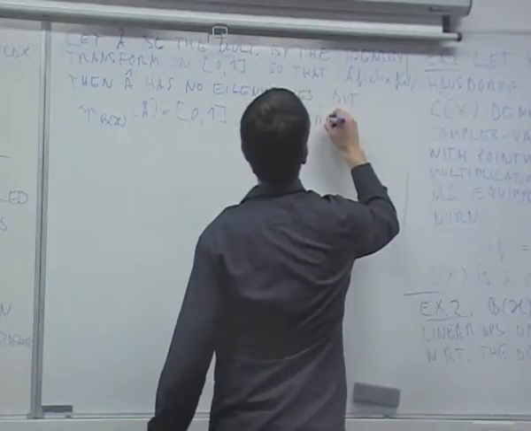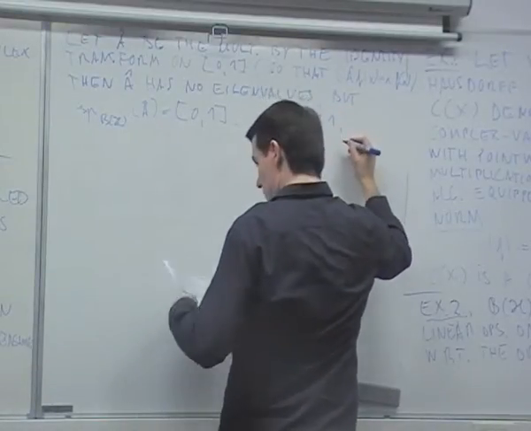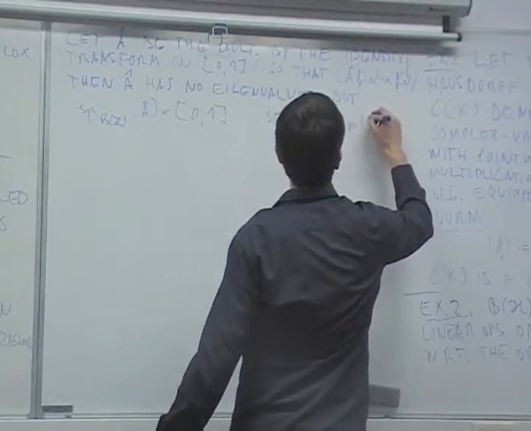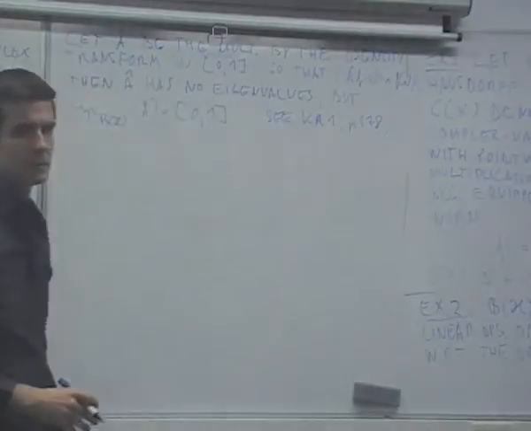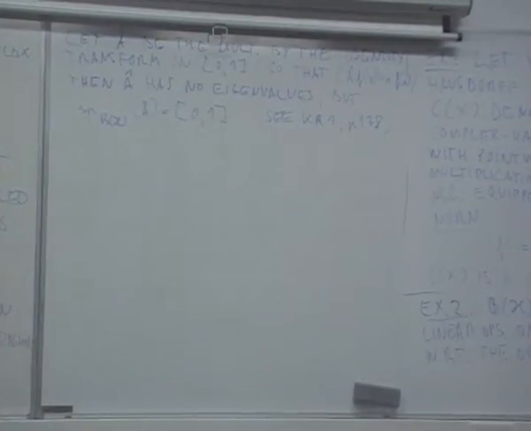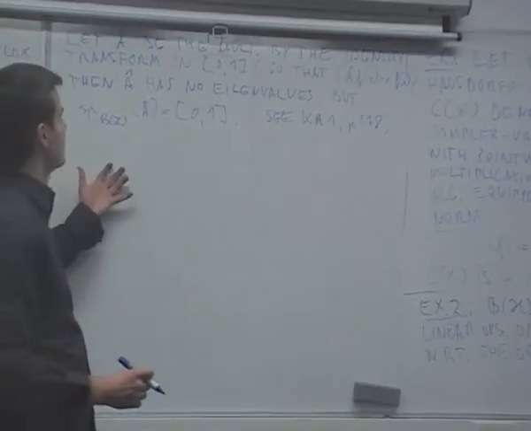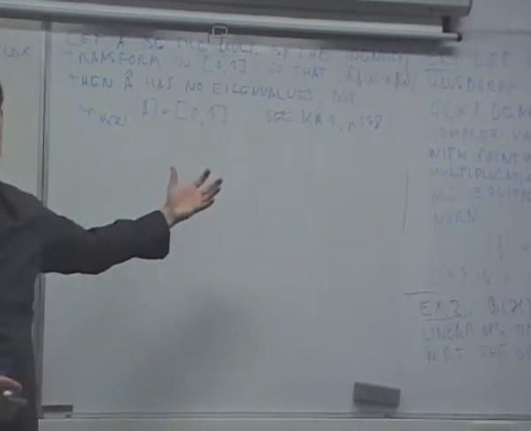See Kadison-Ringrose, of course, volume 1, page 178. It's quite nice, it's pretty elementary to prove this, so it doesn't need a lot of machinery. And if you have such a situation, you call this a continuous spectrum for the obvious reason.